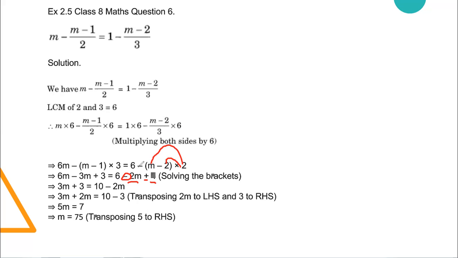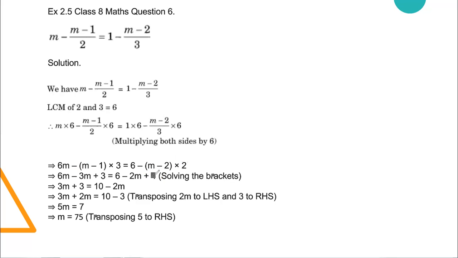So plus into minus gives you a minus. That's why you got a minus 2m. Now how did you get a plus 4? That's quite simple. You have just multiplied 2 into 2, which was minus 4. So minus outside the brackets into minus 4 is nothing but plus 4, because we have minus into minus. That's how we arrived at saying minus into minus brings us plus, right?